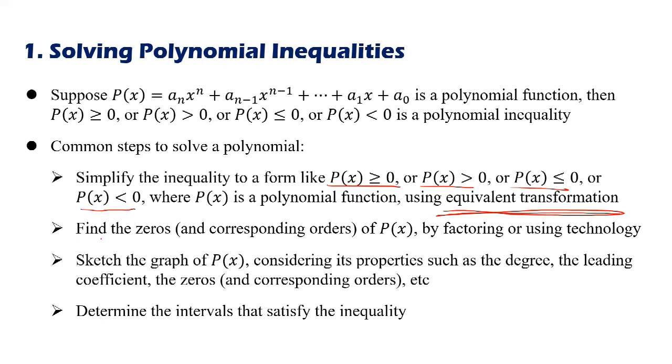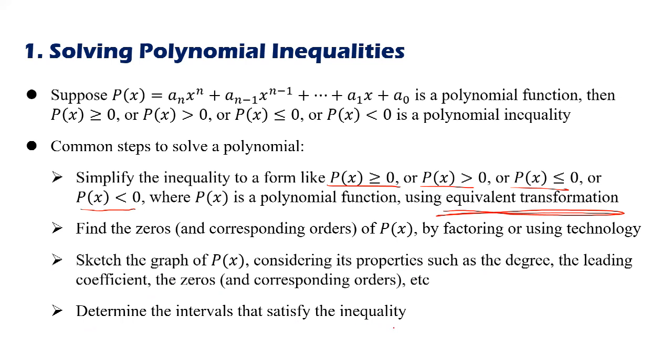Next step, find all the zeros and corresponding orders of p(x) by factoring or using technology. Next step, sketch the graph of p(x), considering its properties such as degree, the leading coefficient, the zeros, etc. And last, determine the intervals that satisfy the inequality.